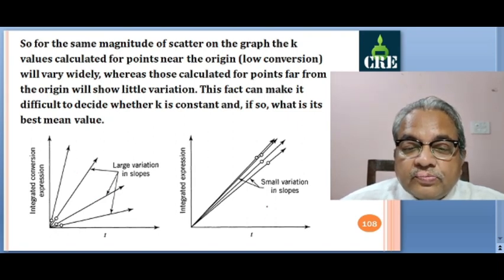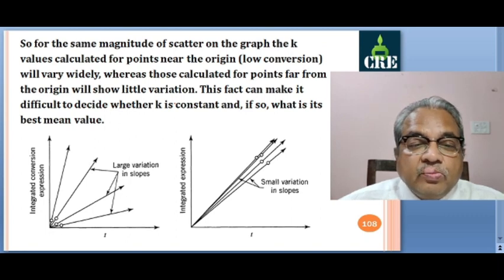If you take the values calculated for the points far from the origin and draw straight lines, from the point away from the origin to the origin, and compare, there is small variation in the slopes here and large variation in the slopes there.